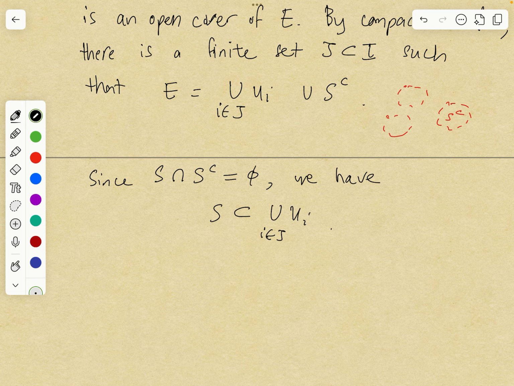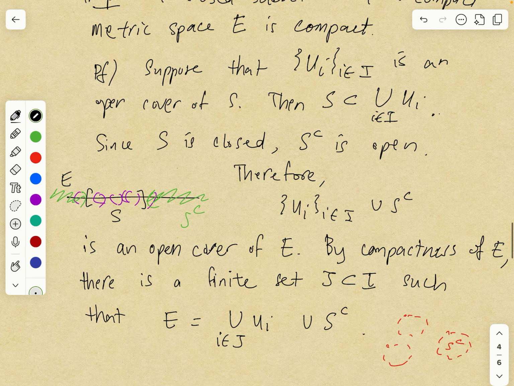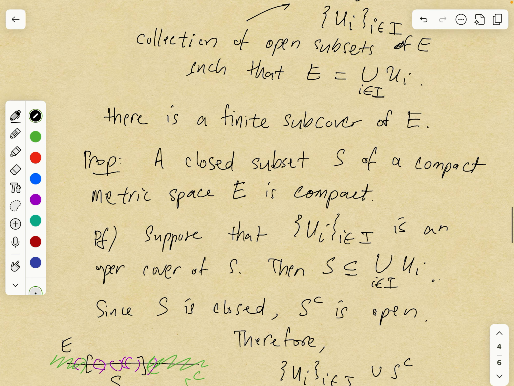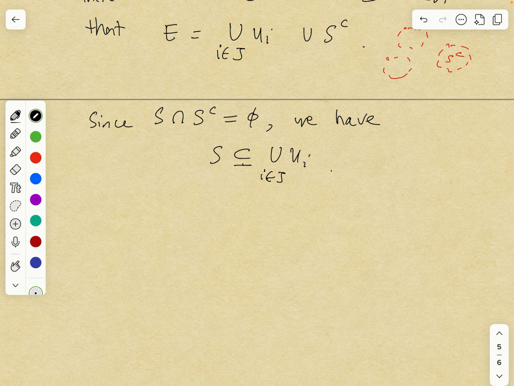So therefore, and by the way, when I use the subset notation, it could be equals. I don't mean a proper subset. At any rate, we've now expressed S as contained in the union of a finite number of the UIs.